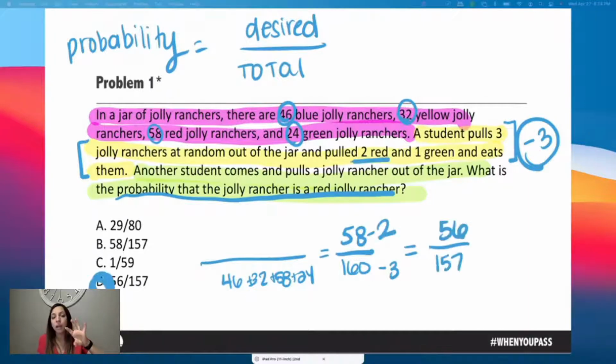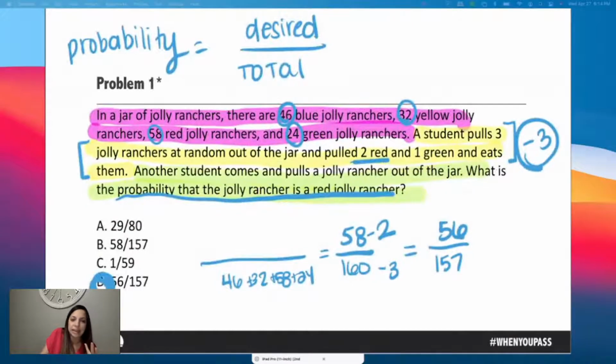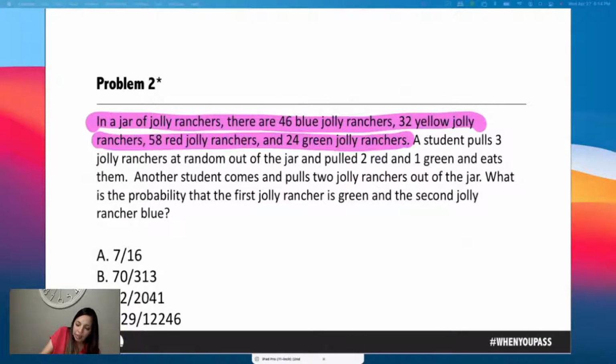So the problem is almost exactly the same. In a jar of Jolly Ranchers, we've got all these Jolly Ranchers. And then a student comes along and pulls 3 Jolly Ranchers out, 2 red and 1 green, and eats them.